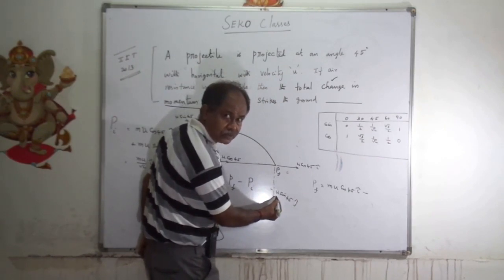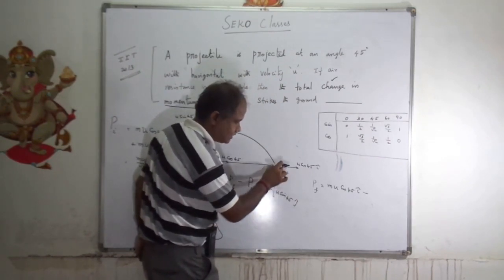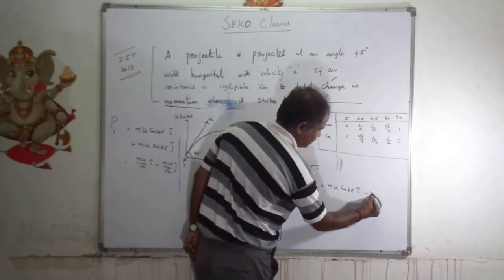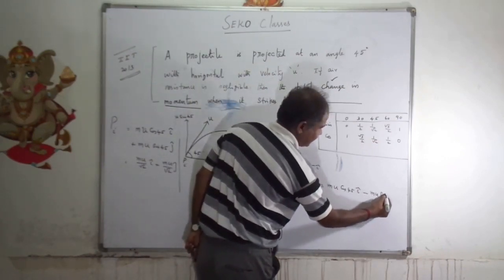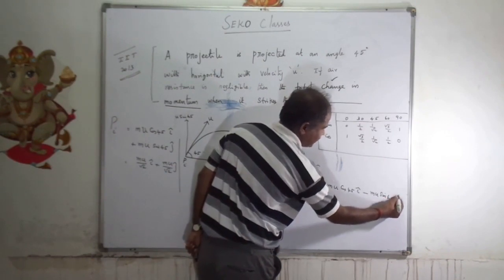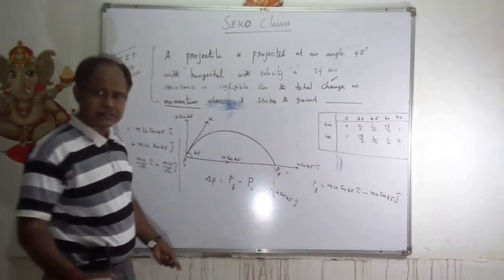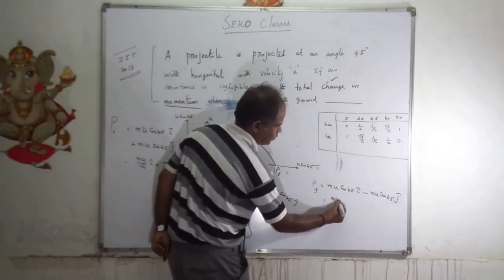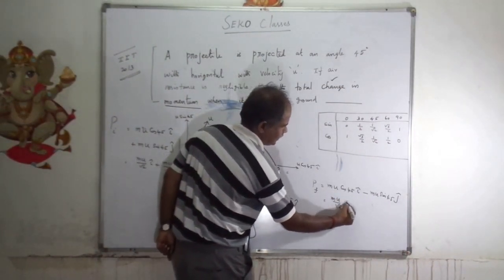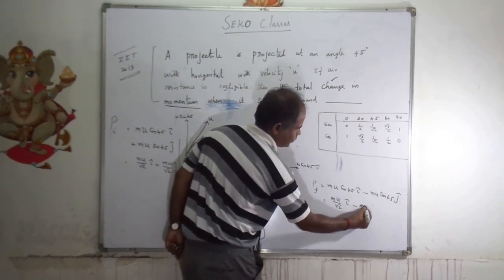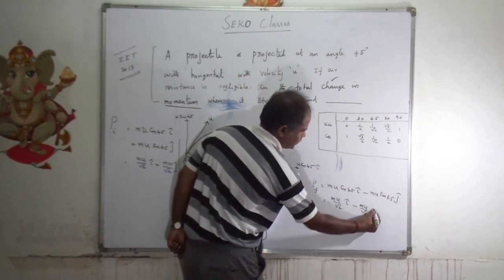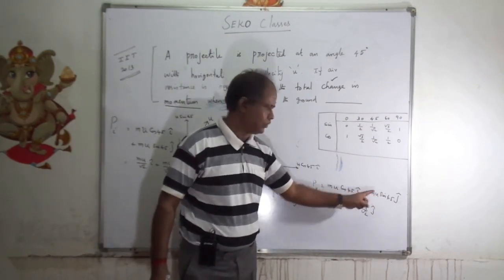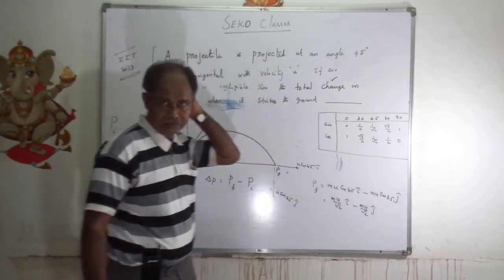Here, instead of positive, we put a minus, since it strikes the ground moving downward. With cos 45 and sin 45 both 1 by root 2, this is m u by root 2 i cap minus m u by root 2 j cap. This is the final momentum.